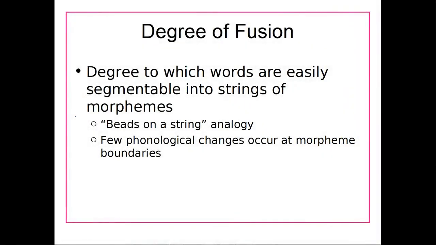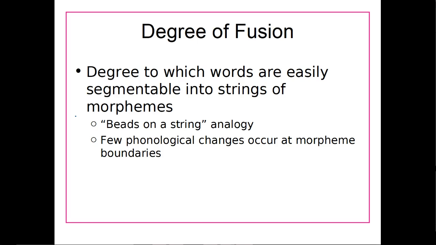So the degree of fusion is going to be the degree to which words can be segmented or separated into separate morphemes. You can think of this as having beads on a string, where we can keep adding beads to a string, and these beads can be separated.